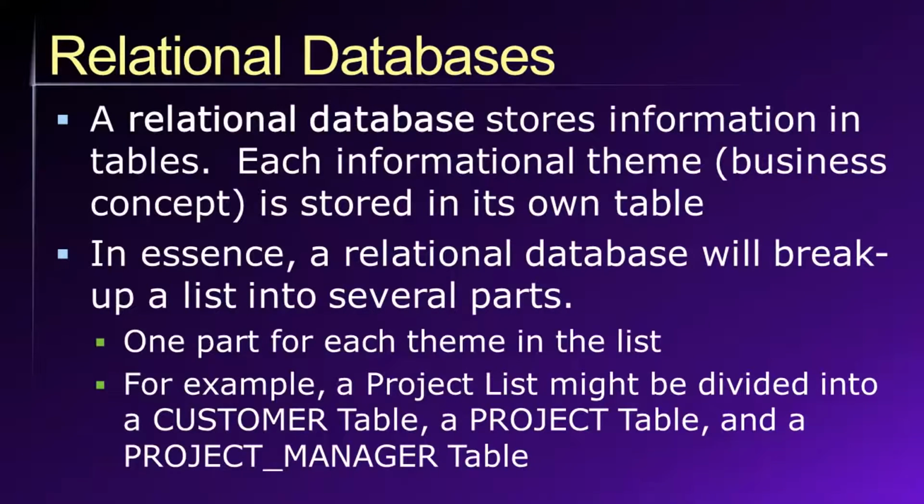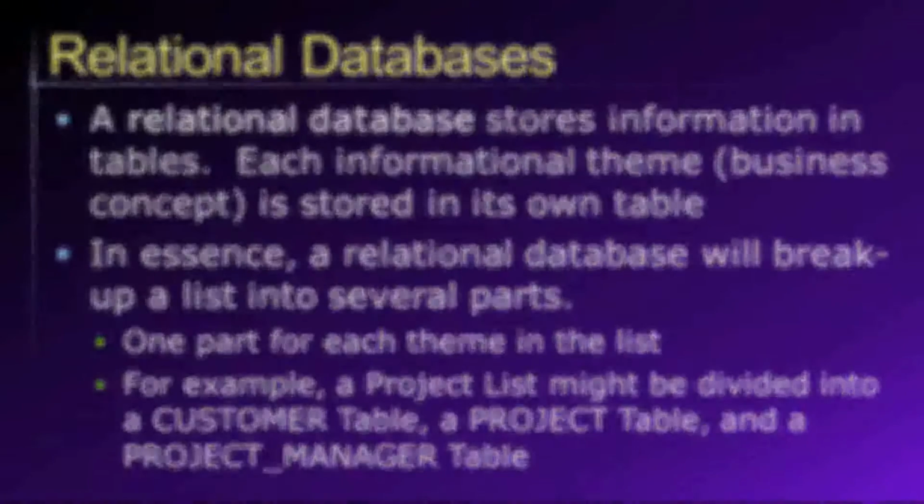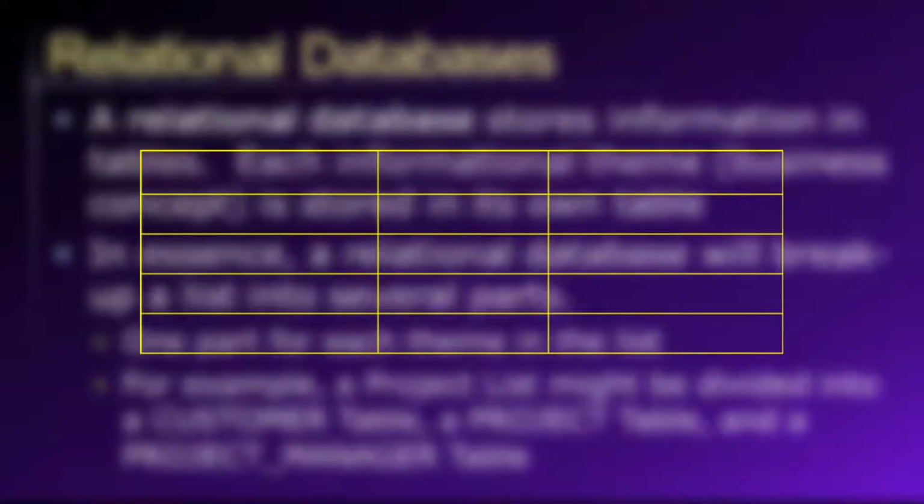Now, I've been using this term relational database, so it would probably be a good idea for us to consider what a relational database actually is. On a very basic level, relational databases store data in a table. Now, a table is simply a two-dimensional grid of data.